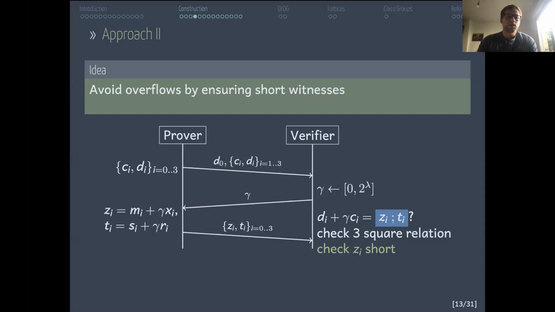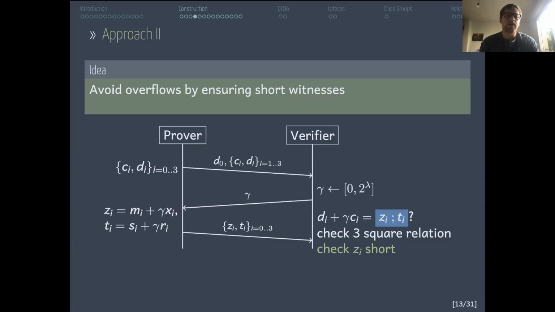So the idea is everything in the 3-square relation we want to keep short. For this, we need to keep xi short because this is the part of the decomposition, but the verifier only has access to xi within zi. He only has access to zi, and in zi we have xi behind a mask.